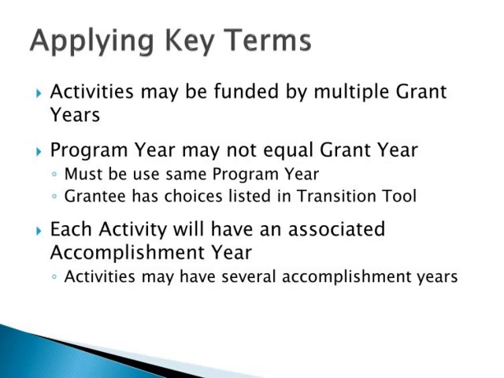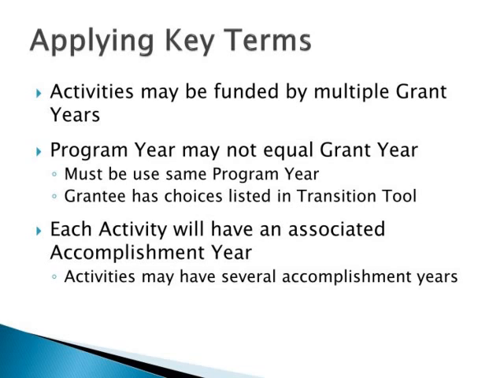First, if the bulk of your activities will be funded from a single grant year, you may align your program year with that grant year. Or you may decide to use the earliest grant year funding activities as the program year. Remember, this may be helpful if you plan to set up multi-year contracts with your project sponsors using the same grant year. In this example, you may end up setting up multiple accomplishment years within your activities.